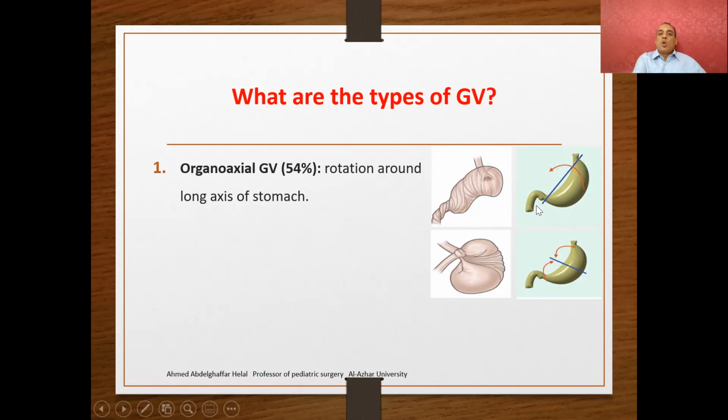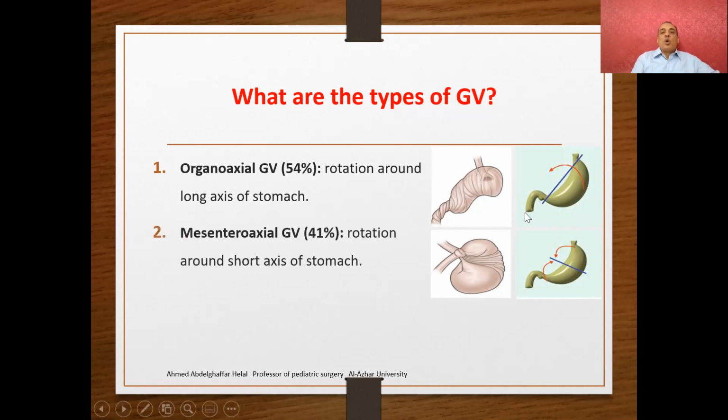So this is called the long axis of the stomach. This is the first type, accounting for about 54% of cases.